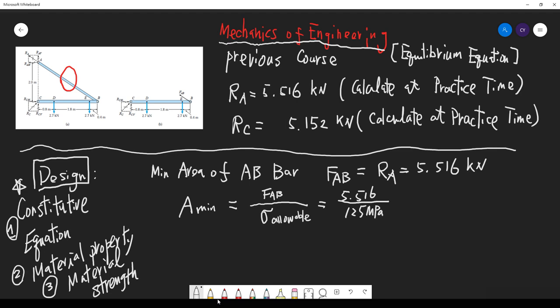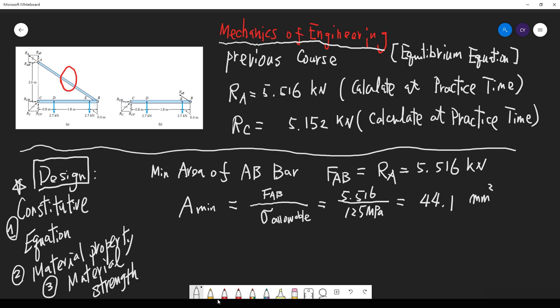From the practice, they already give us the allowable stress. That's why we can get the area is 44.1 millimeter squared.